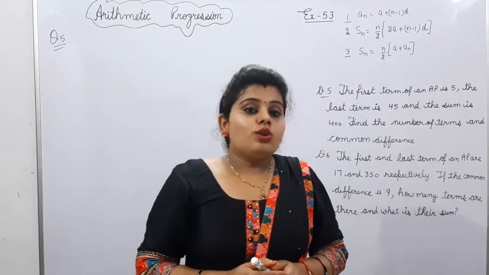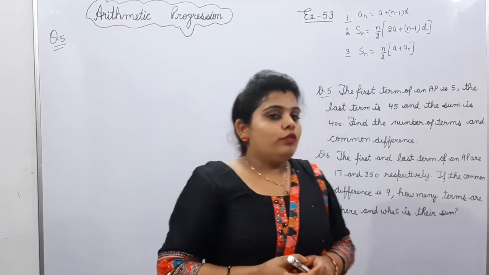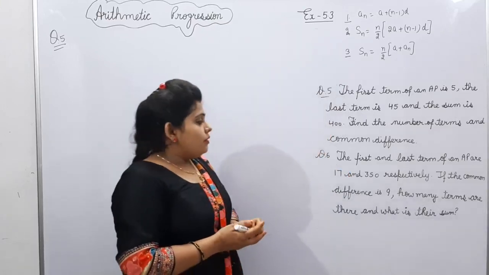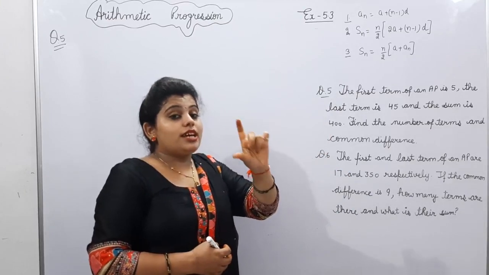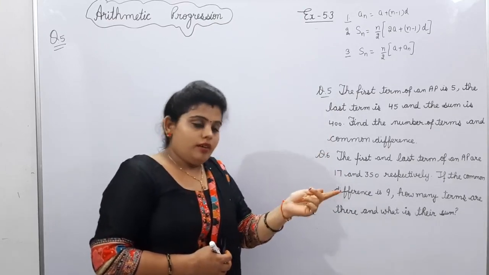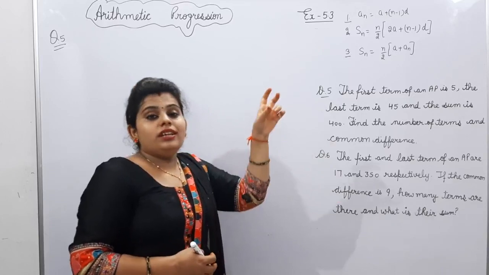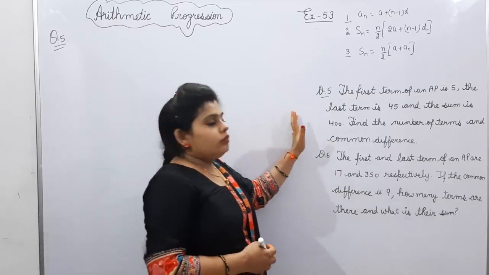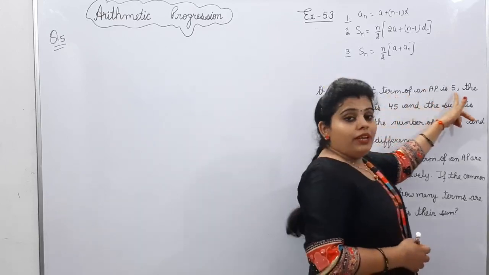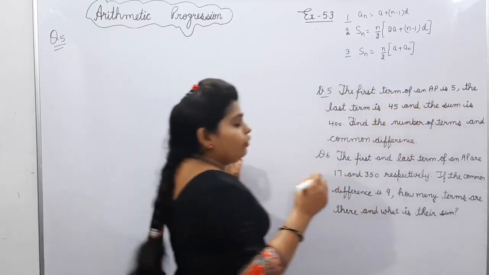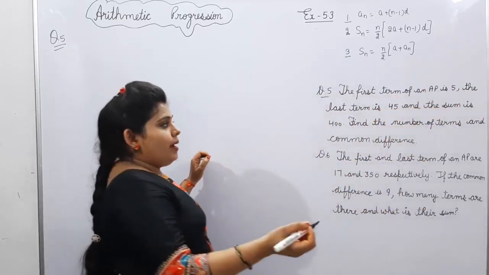Dear students, question number 5 of this exercise. Very easy questions these are. I am repeating one thing: these questions are similar to question number 3. We have to find missing terms only. Now, what is given in question number 5? The first term of an AP is 5 and we represent first term by a.